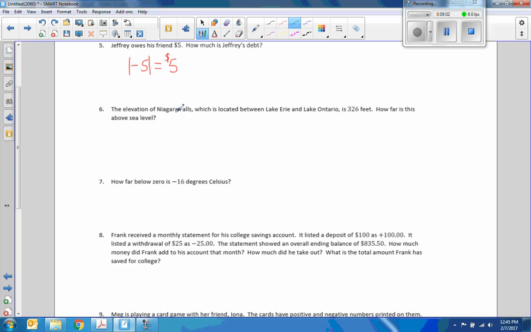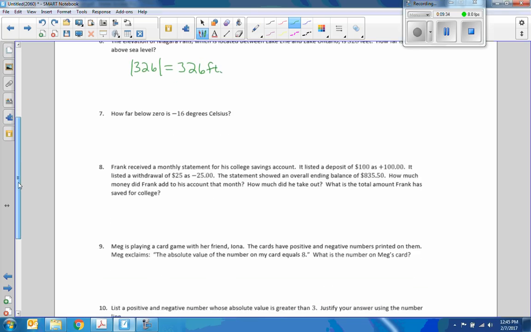Okay. The elevation of Niagara Falls, which is located between Lake Erie and Lake Ontario on the Niagara River, is 326 feet. How far is this above sea level? So 326 above sea level is a positive 326. The absolute value or magnitude of 326 is 326 feet above sea level.